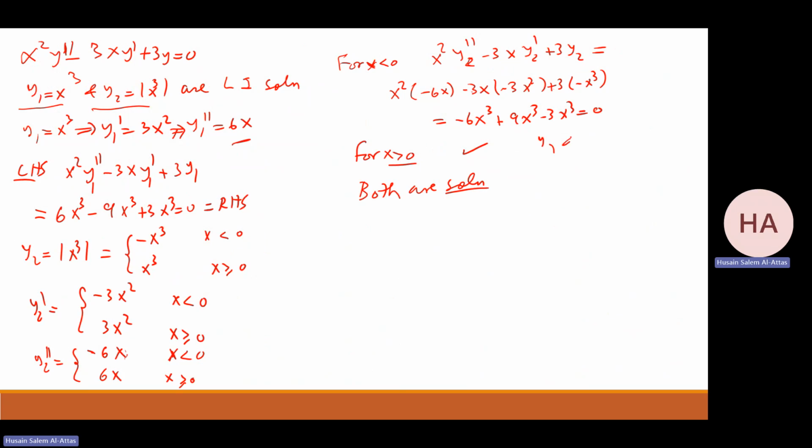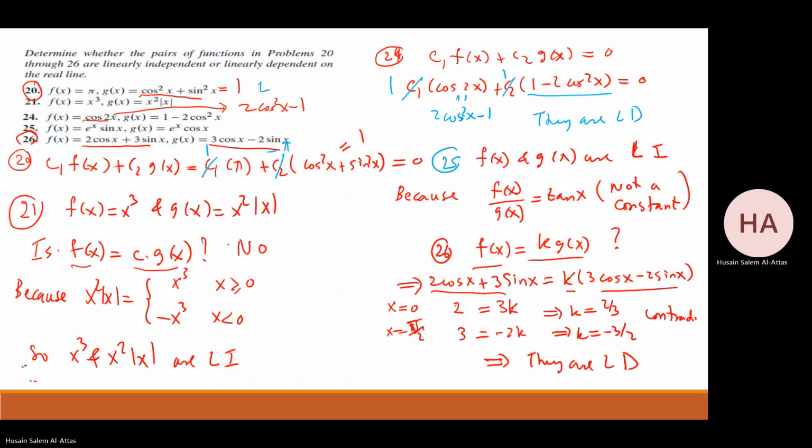Y1 and Y2 are linearly independent because I cannot write x cubed equals c times absolute value of x cubed. This is impossible. Like what we did before, we explain it here. So they are linearly independent.